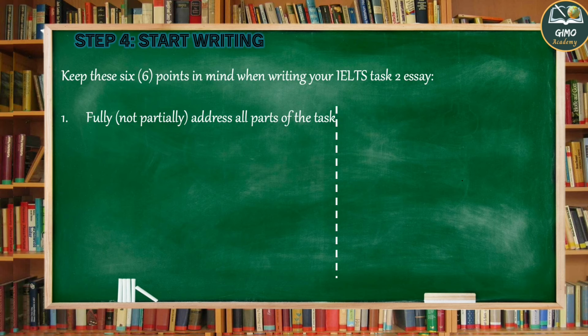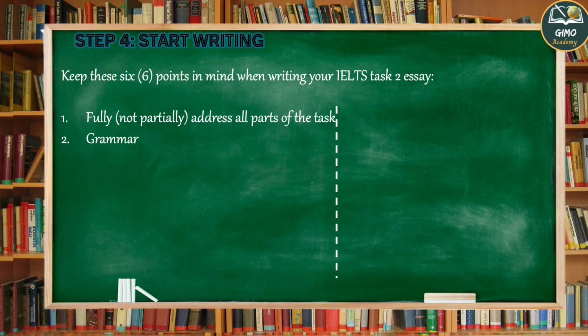If you don't, please go back and revise it. This first point means that you need to fully develop your answer to the question being asked in your essay with relevant ideas. So don't write any ideas that have nothing to do with the question being asked.